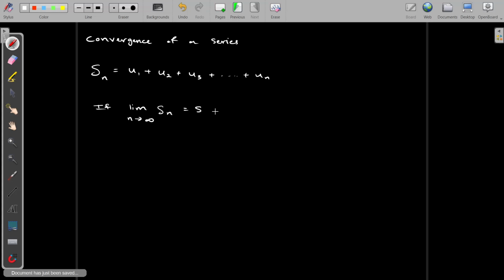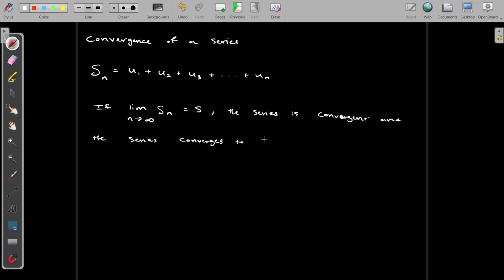So, what was I saying? So if the limit exists, the series is convergent, and if the limit does not exist, then it is divergent, if it's infinity or does not exist.